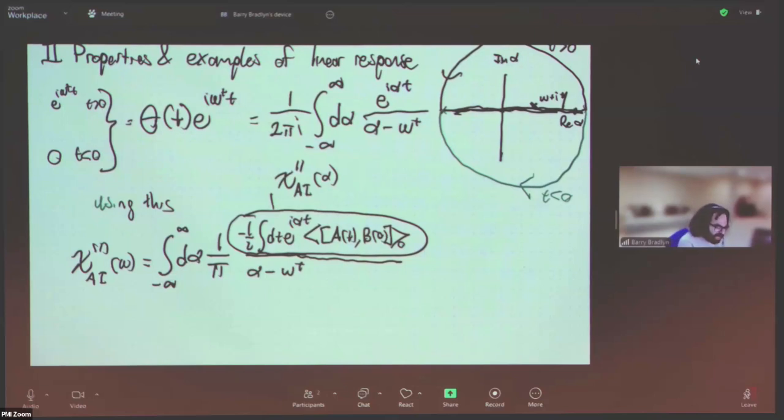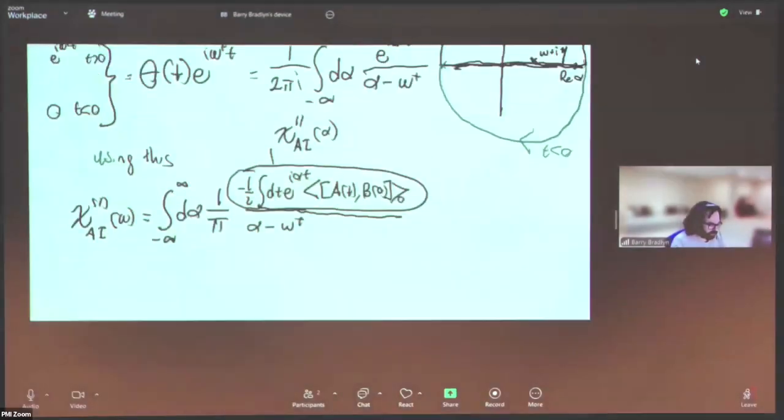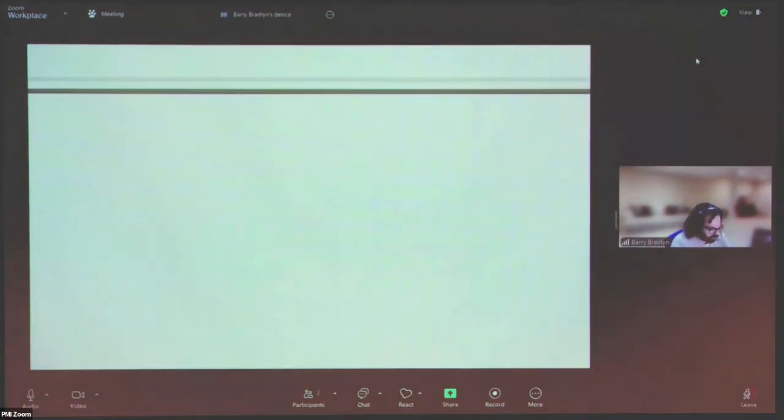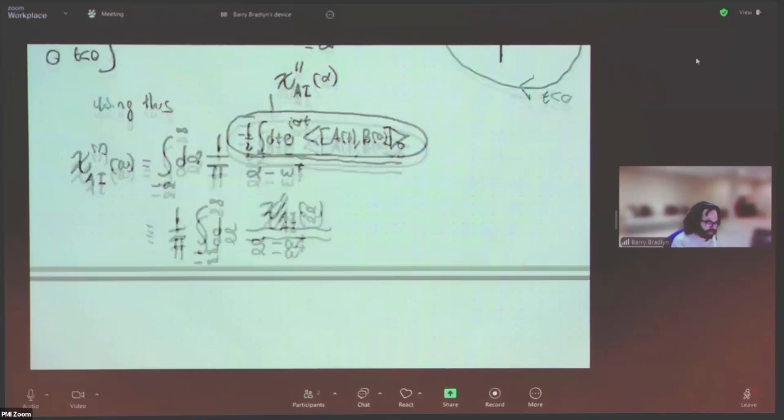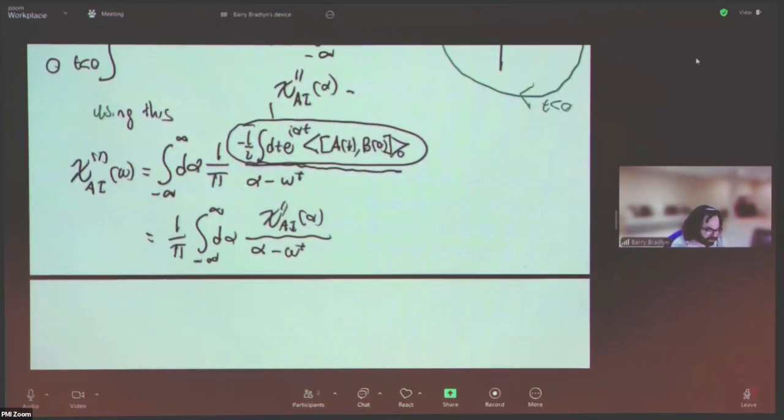So this is minus a half times just the ordinary Fourier transform of this correlation function. So we can write the Kubo formula, chi double prime of alpha over alpha minus omega plus. And this function chi double prime is known as the spectral density.